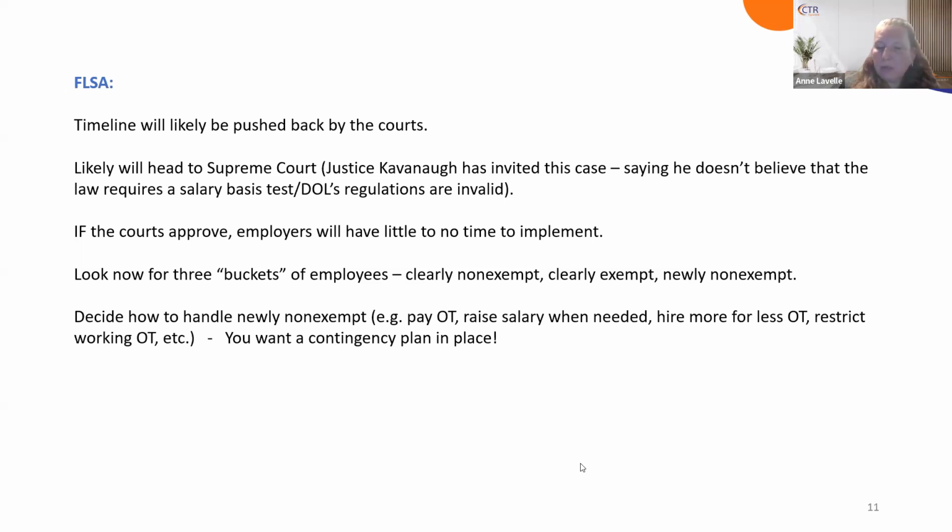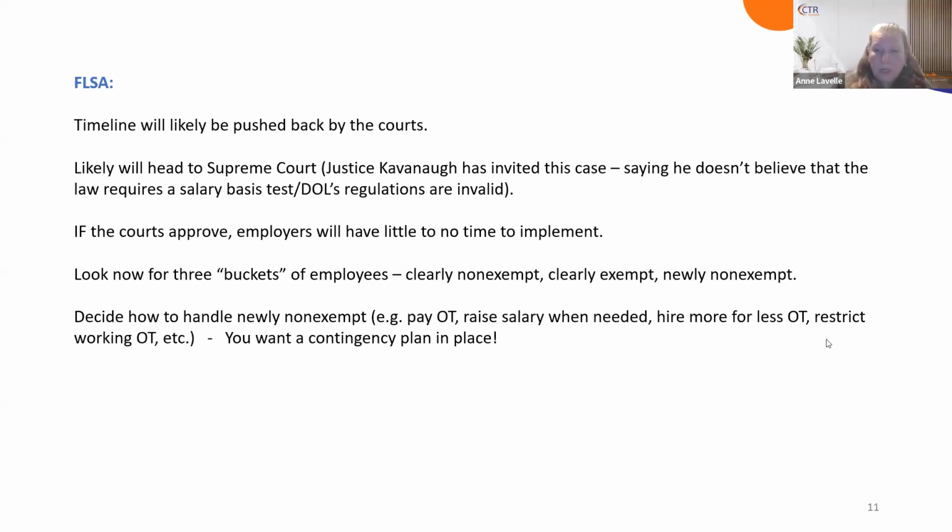There's also what we call DOL opinion letters, and the opinion letters are limited in enforcement or effect to the company that's asked for the opinion. And unless you're really large, you don't want to go after an opinion letter, because these take a year or two to issue sometimes. It's expensive to do. Sometimes the DOL won't give an opinion, whatever. We also look at those. There's a bank of opinion letters.